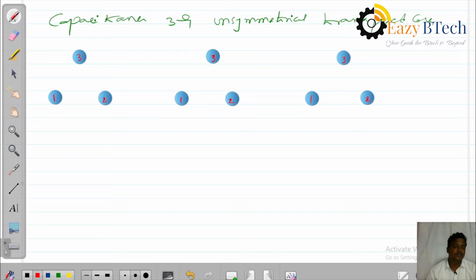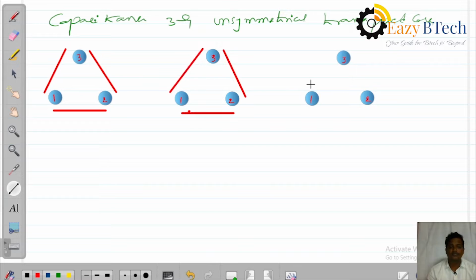Now, the distance from 1 to 2, 2 to 3, and 3 to 1, center to center, those are the center to center distances. The distances are D12, D23, D31.